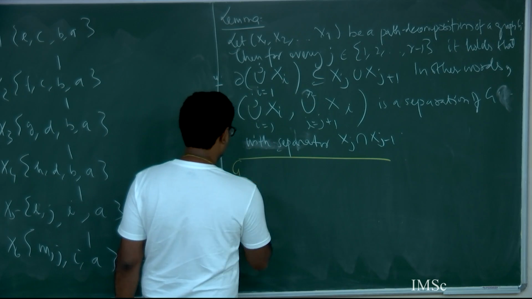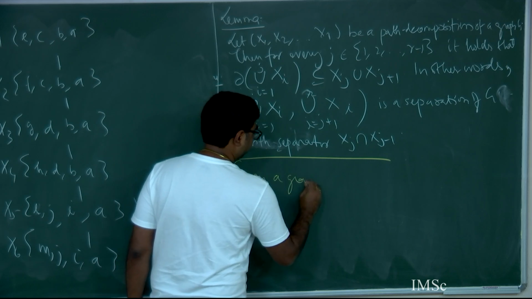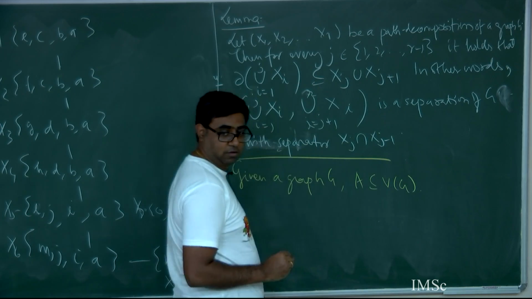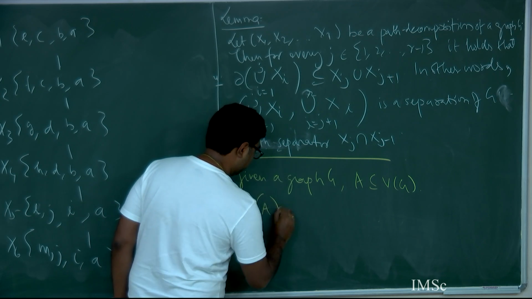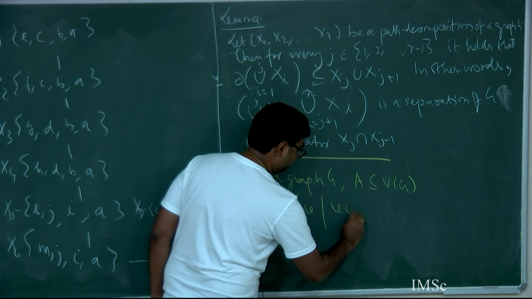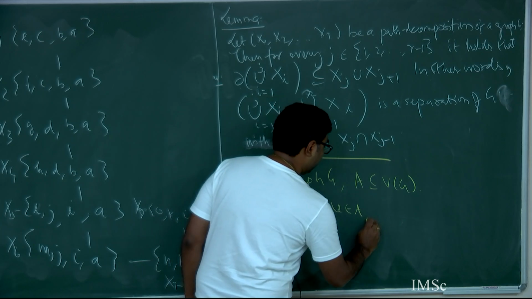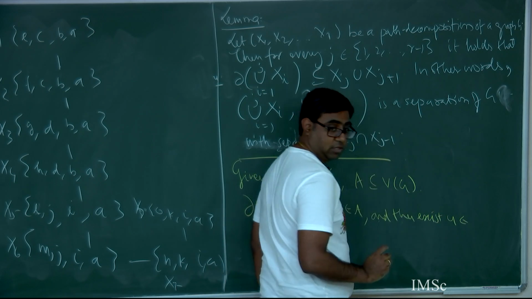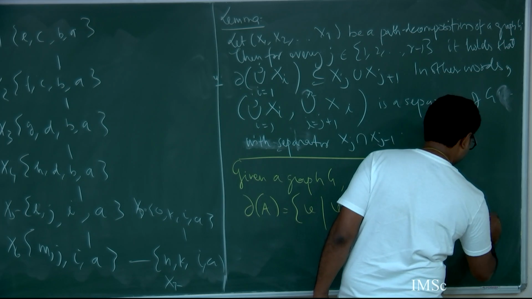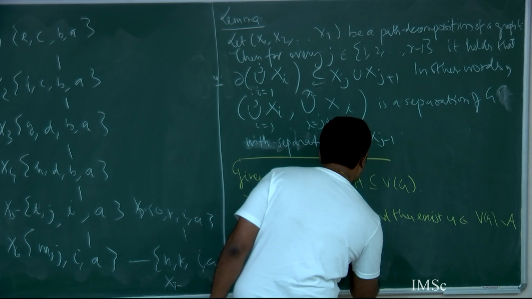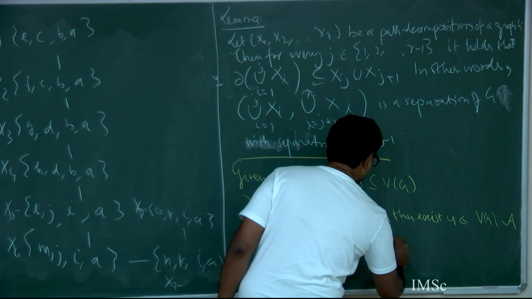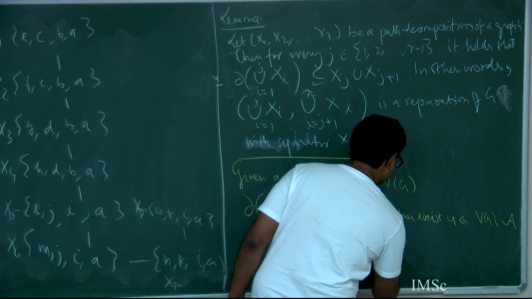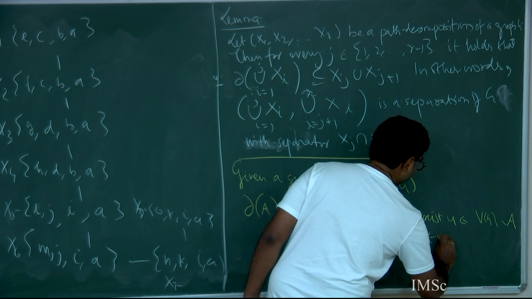Given a graph G and a subset A of V(G), what is the boundary of A? It is those v in A such that there exists u in V(G) minus A such that the pair v, u is in E(G).